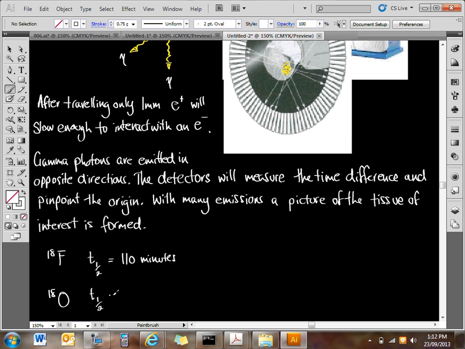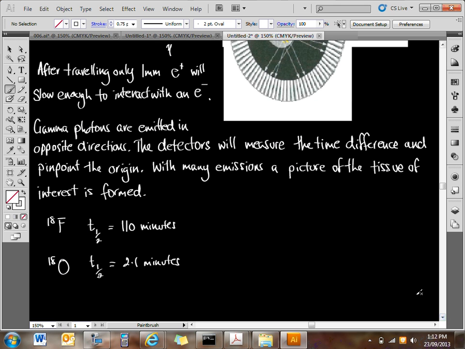Oxygen 18, T-half, 2.1 minutes. This stuff has a really short half-life compared to the fluorine anyway. This can be used to measure blood flow.